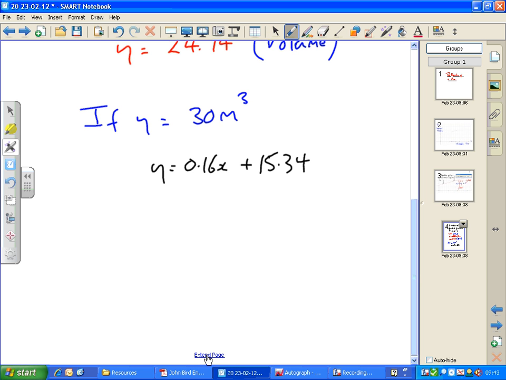Yeah, so x will equal y minus 15.34 divided by 0.16, rearranging. Take 15.34 from both sides, then divide by 0.16.